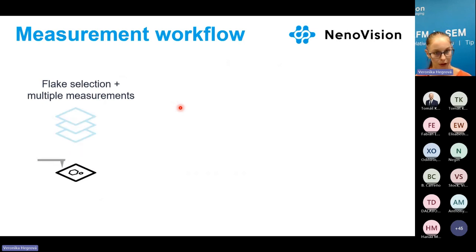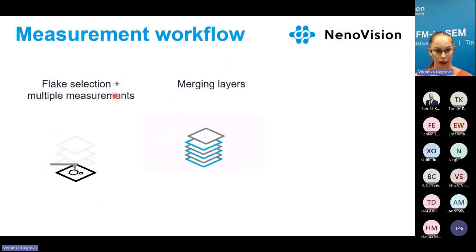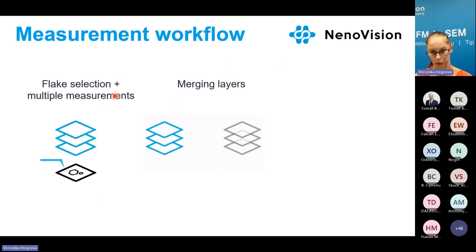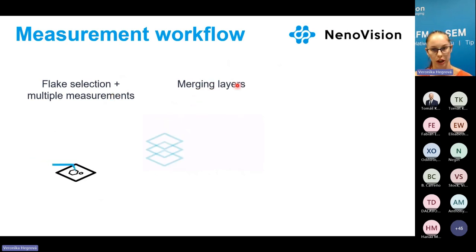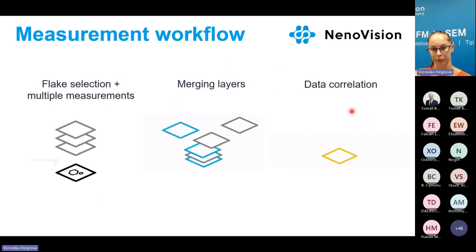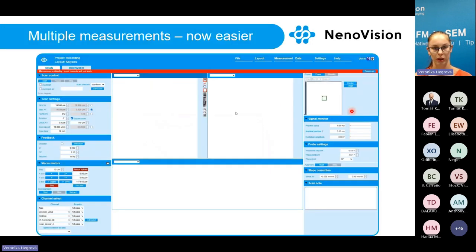First of all, we find the flake and we can do multiple measurements from AFM, SEM, EDS, EBSD, what we have. Then we need to merge the layers, and then we can correlate them. So all of it can be done now in the NanoView software.